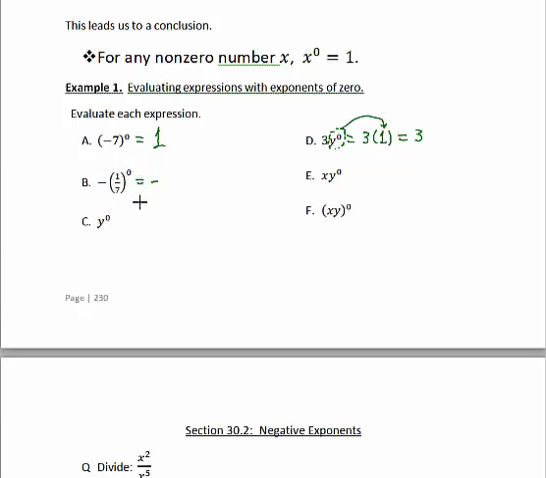We just bring it over to the right, and then 1/7 to the 0 power leads to our 1, and we put it right beside the negative. In this case, we're finished: we get negative 1. The negative was simply brought over to the right.